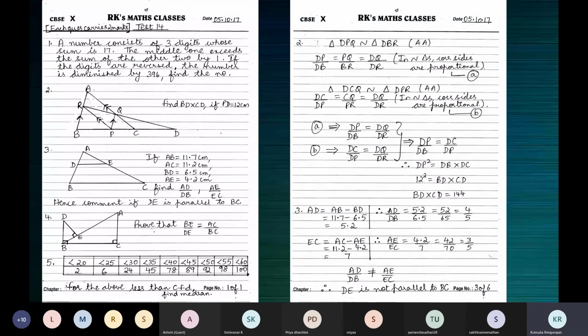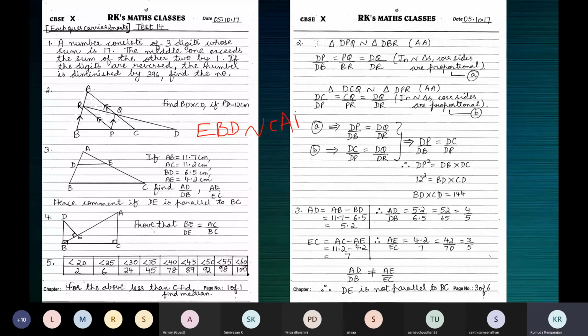Tell me the order. How did you name the triangles? Triangle EBD is congruent to triangle CAB, ma'am. Similar to triangle CAB, ma'am.